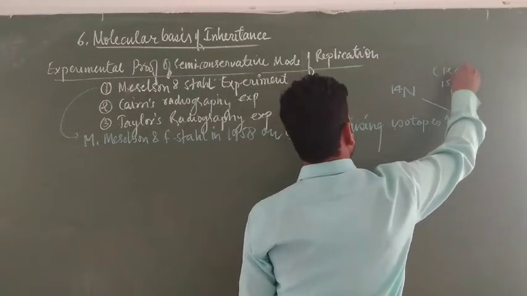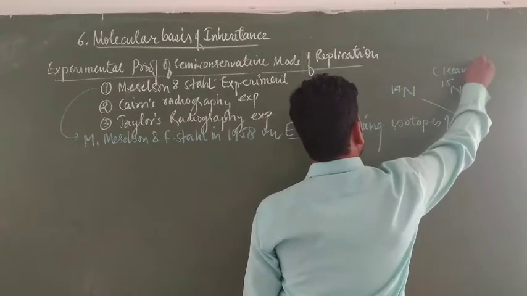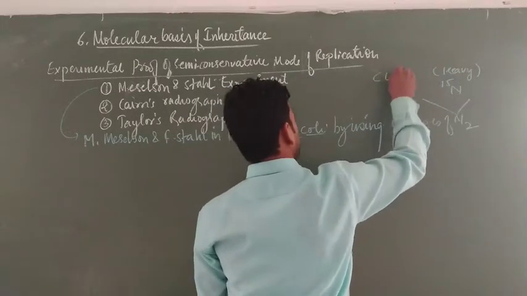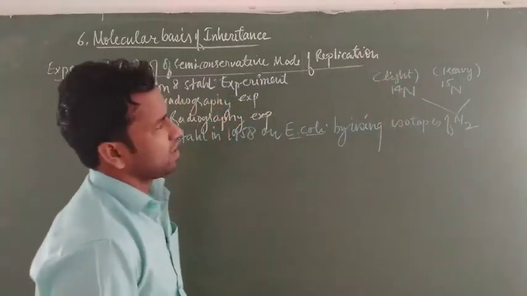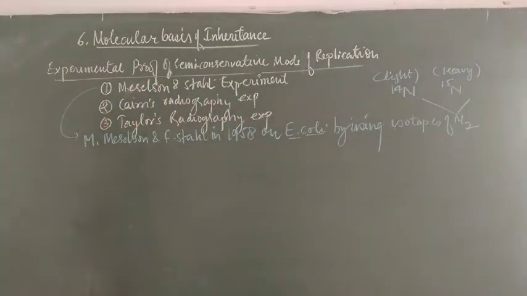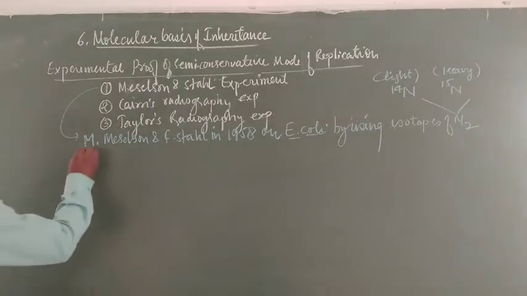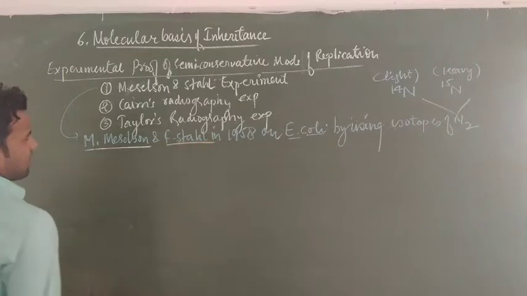This is the heavy isotope and this is the light isotope, heavy as well as light isotopes of nitrogen. So this experiment was performed by Meselson and Franklin Stahl in 1958 on E. coli by using isotopes of nitrogen, that is, light as well as heavy nitrogen.